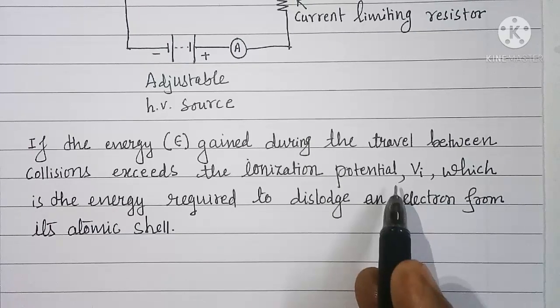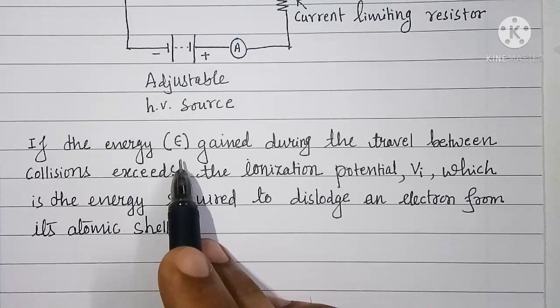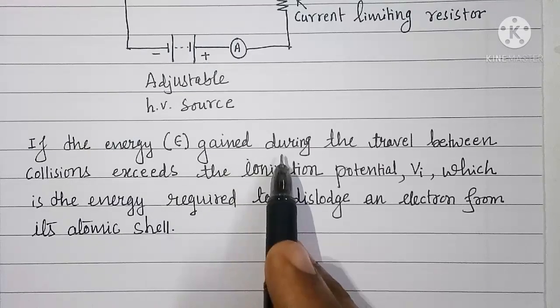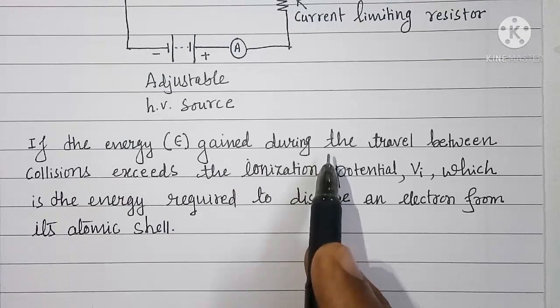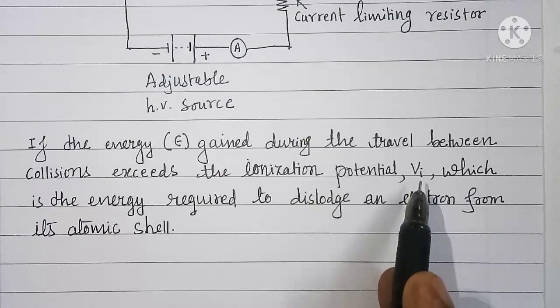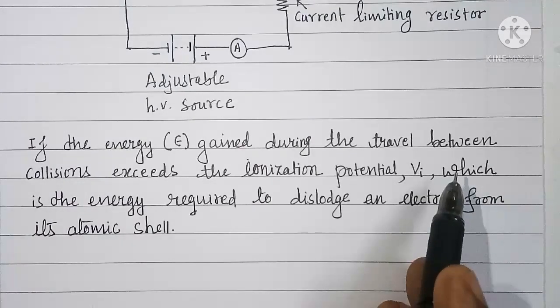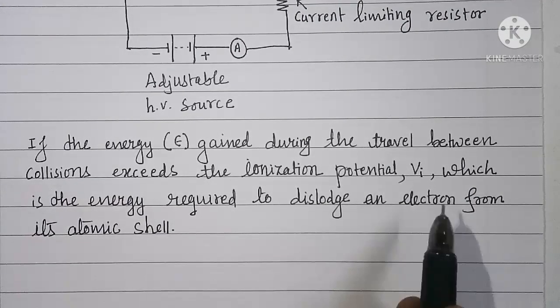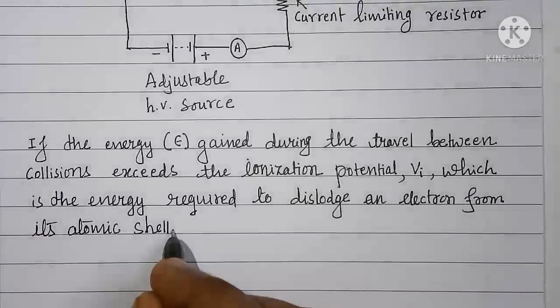So during a collision, what happens is a free electron which has gained sufficient energy, that is epsilon more than Vi, when it hits an atom, that atom will give out an electron.